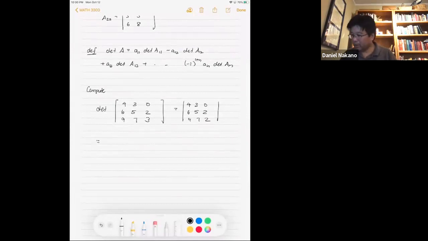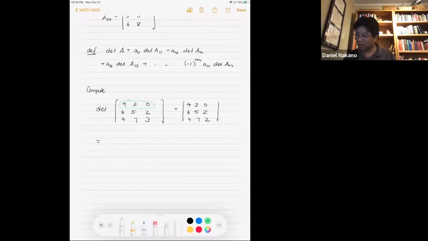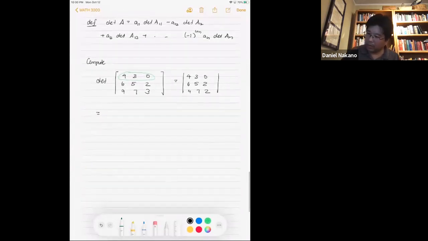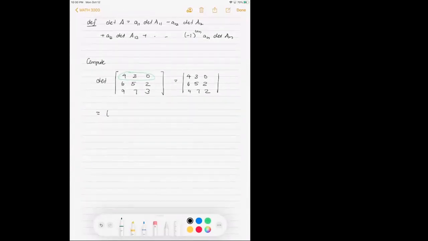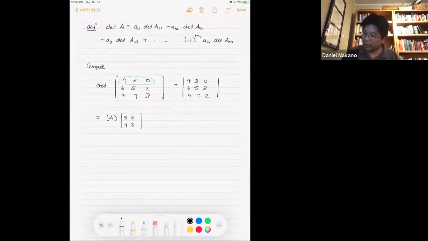All right, so in this case, we're going to expand along the first row and then take the submatrices corresponding to entries in the first row. The first one is a 4, and the submatrix we take after deleting the first row and the first column is 5, 2, 7, 3. Then the next one is the 3, but we have to take a minus sign.